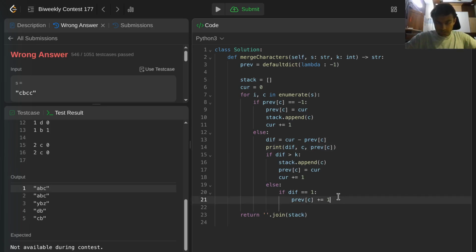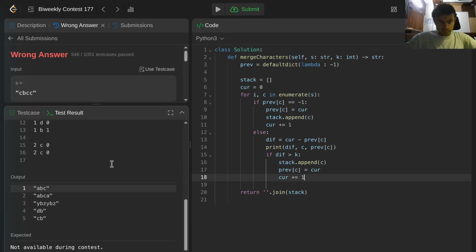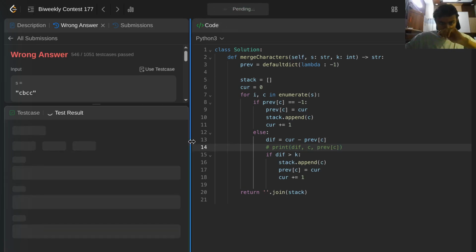Previous of C plus equal to 1. This seems fine, I think.